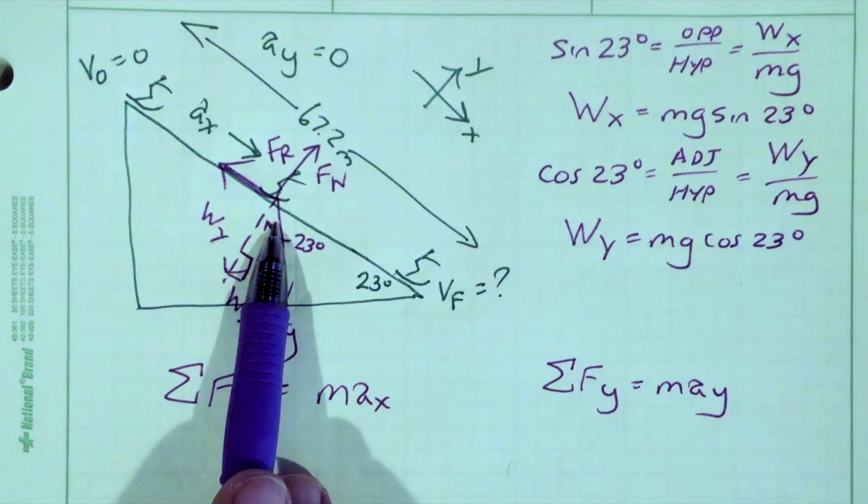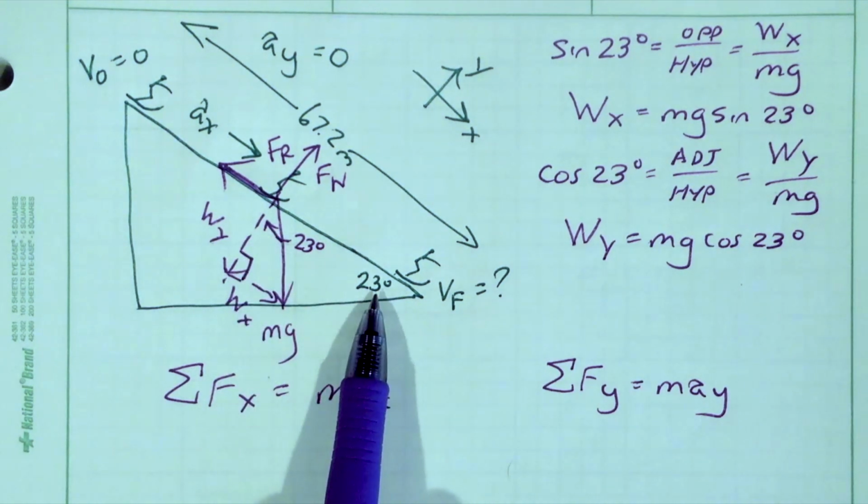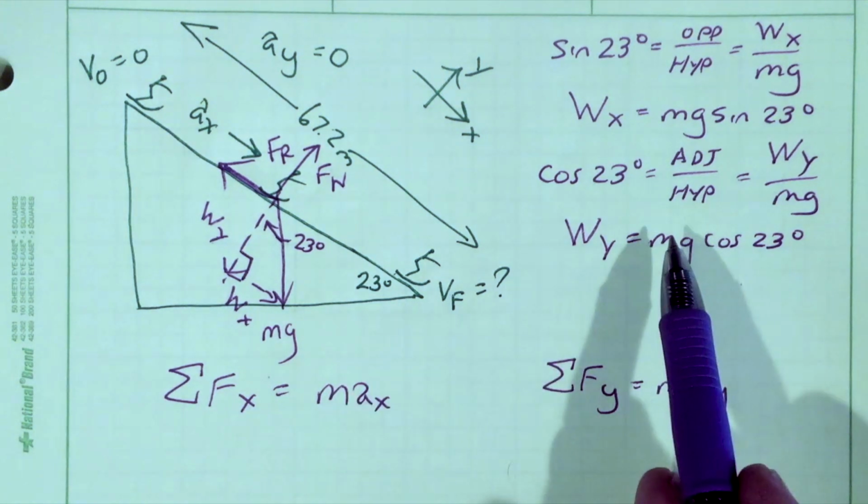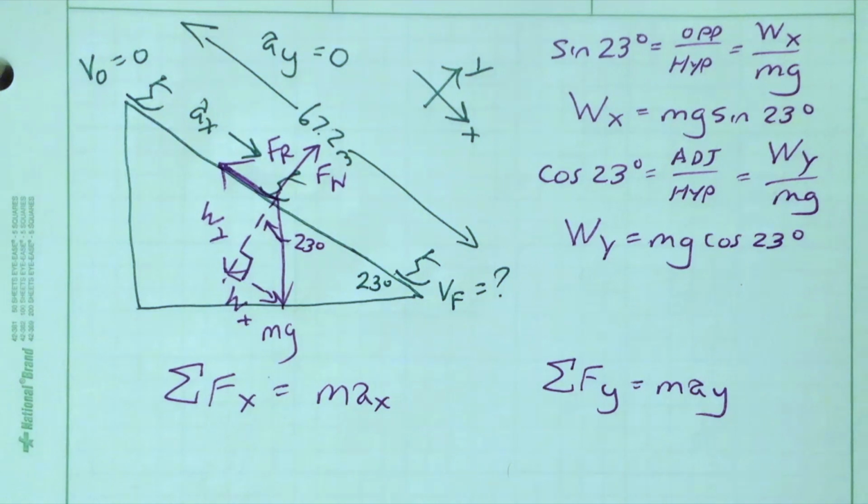And the angle here in this right triangle is going to be equal to the angle of the slope itself. With that, we can now use the trigonometric functions to find formulas for the x component and the y component, just as we did in the previous example. So that has not changed either.